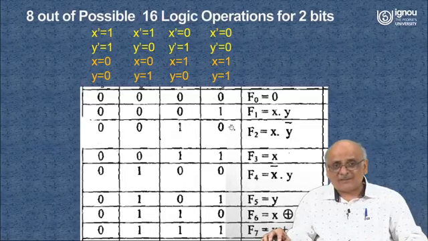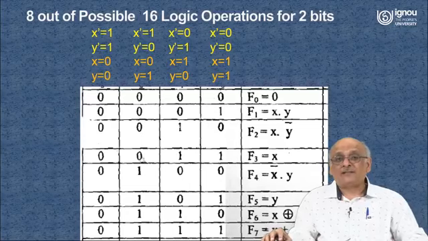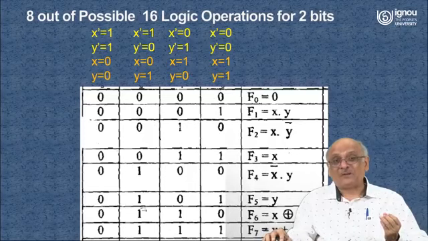So this is just representing the truth table for two binary variables x and y, and that is how it can simulate 16 logic micro operations based on the truth table. All these micro operations are different from each other. XOR is an important one over here.